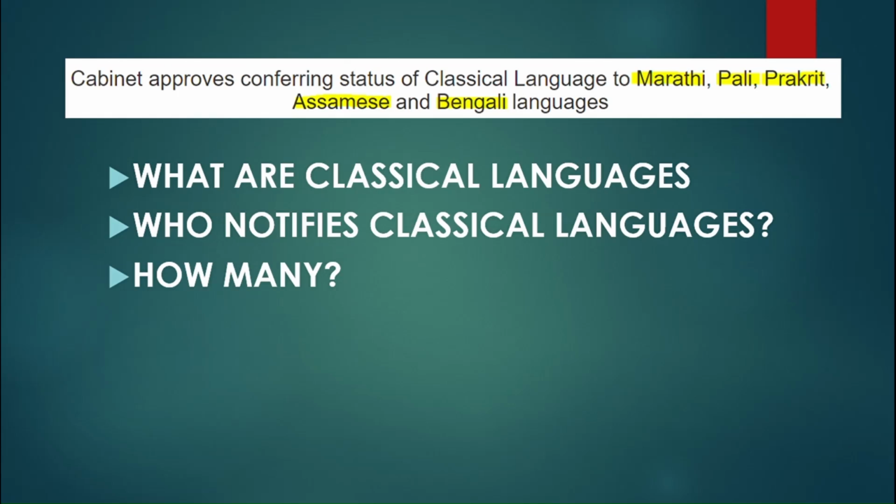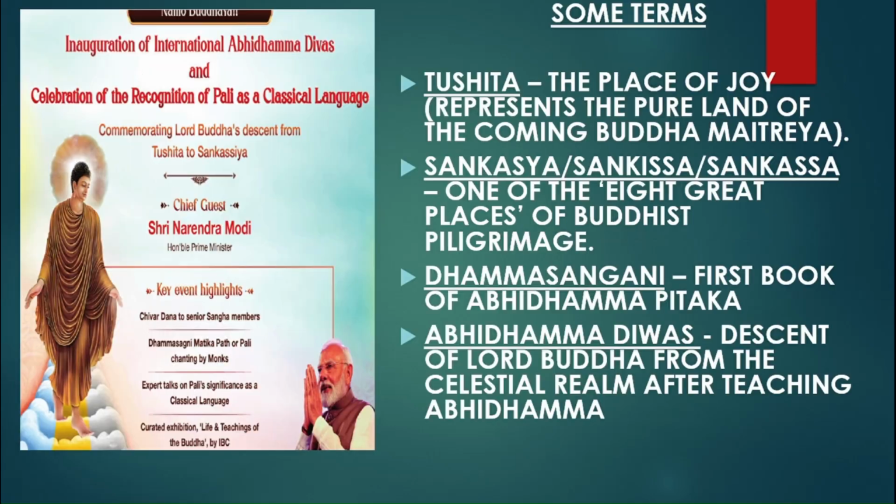So they may ask you a question saying that recently, let's say, Gujarati has been conferred the status of classical language. So that statement will be wrong. Recently, 5 languages, Marathi, Pali, Prakrit, Assamese, and Bengali, have been conferred the status. So please remember these small facts. They'll come in handy during prelims.